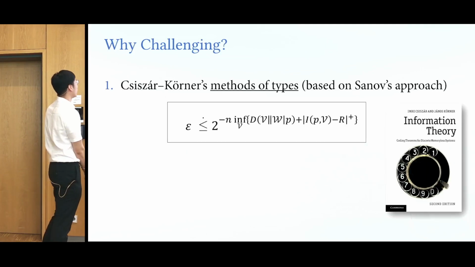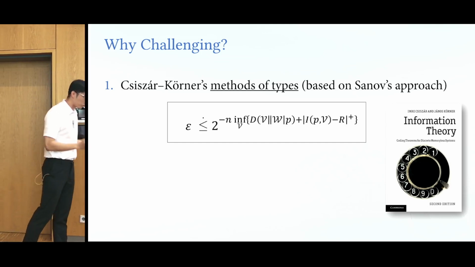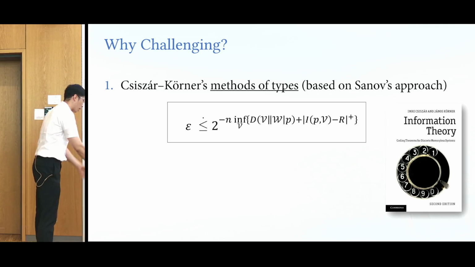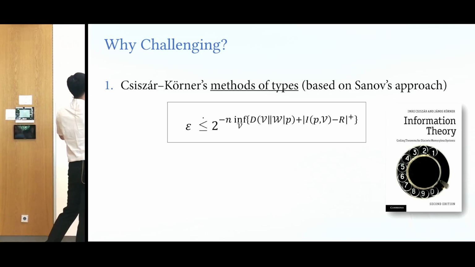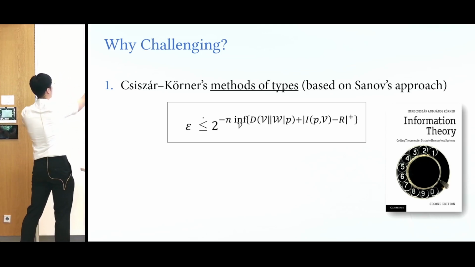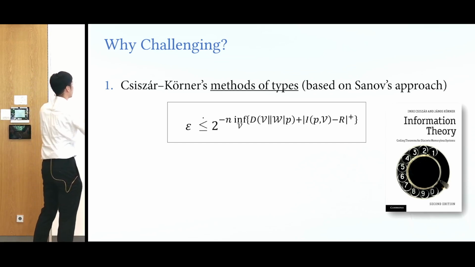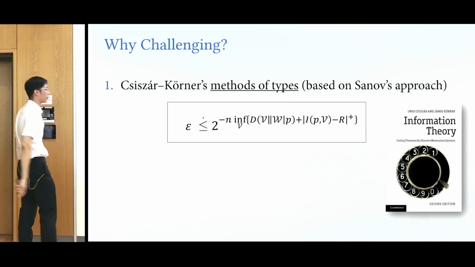Okay, so why this problem is so challenging is because essentially it's a large deviation analysis. And yesterday we already know, oh, there are some Shannon approach or some other approach. In information theory, Csiszár and Körner use the method of types. Basically, it's very similar to Cramér's approach in statistics and probability. So in the classical case, they show something like this. This is the Hamiltonian form.